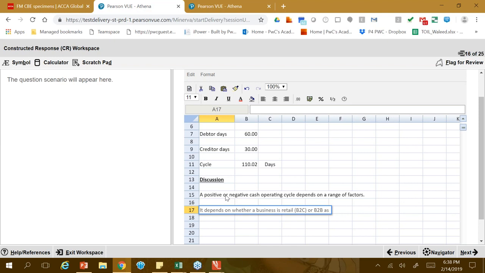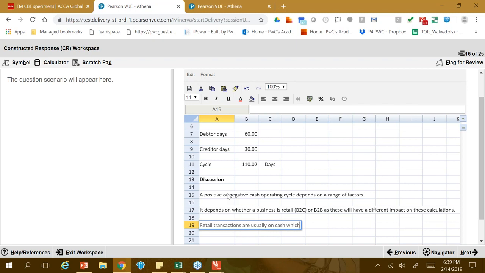as these will have a different impact on these calculations. Retail transactions are usually on cash, which means there will be less receivables and payables.